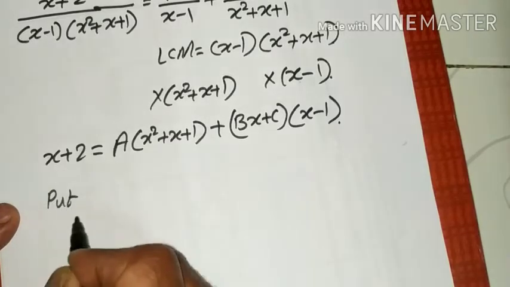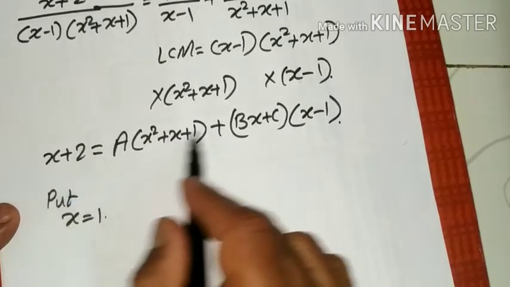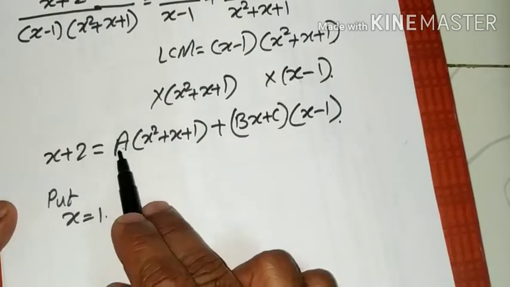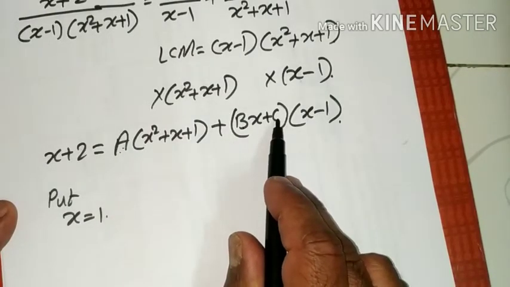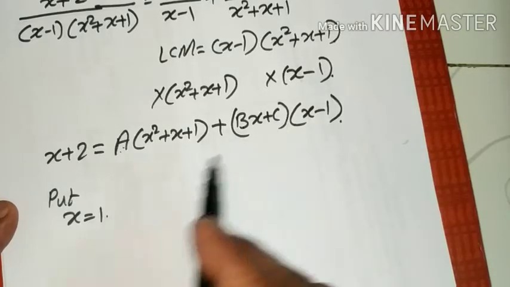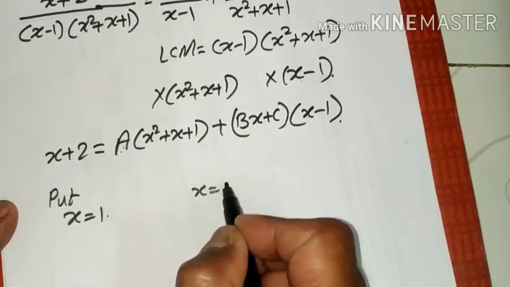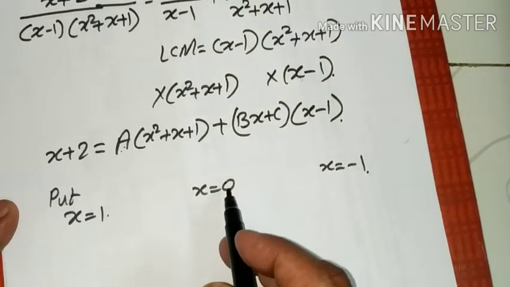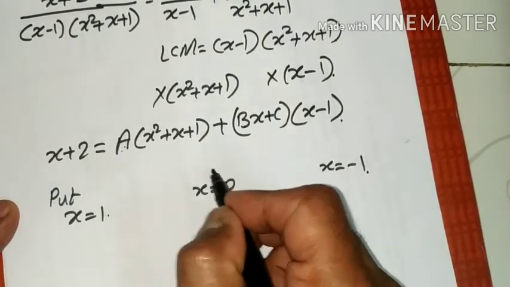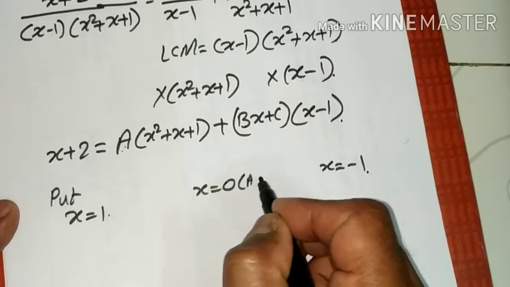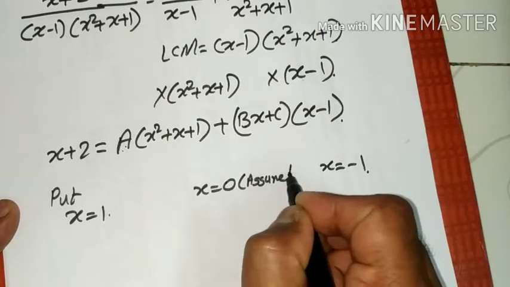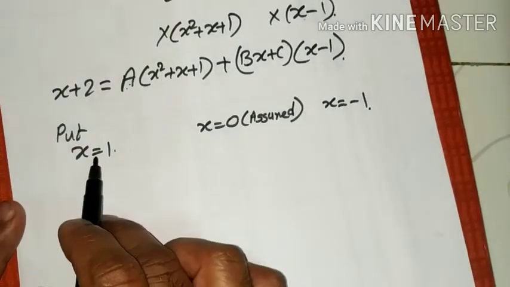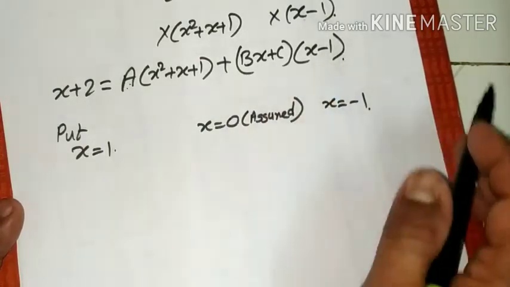So put x equals 1 in this equation. But here there are three arbitrary constants A, B and C. For that purpose, consider x equals 0 and x equals minus 1 as well.